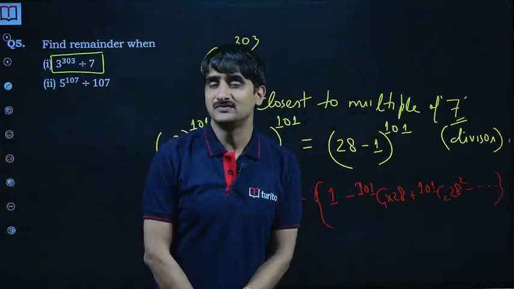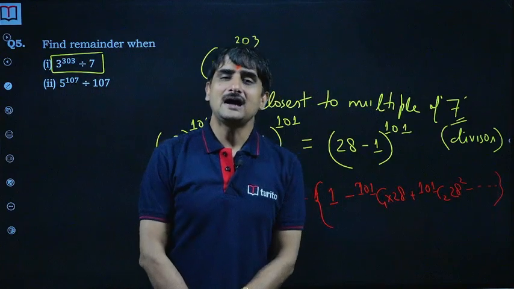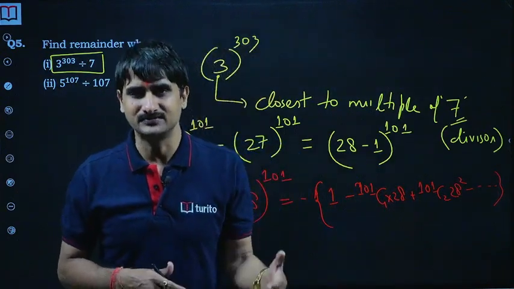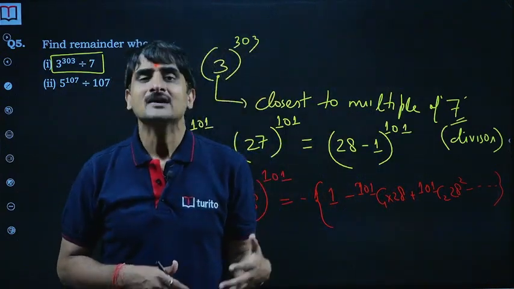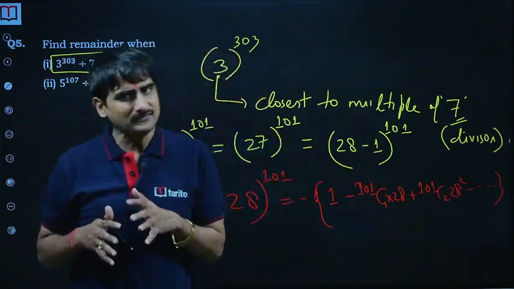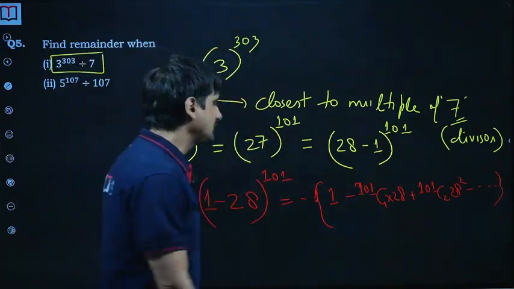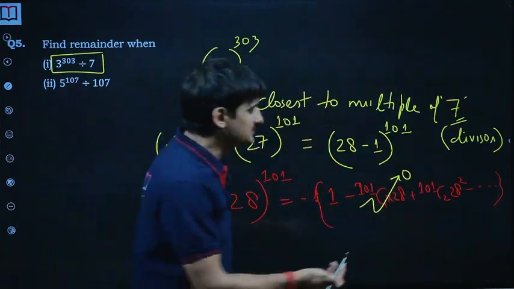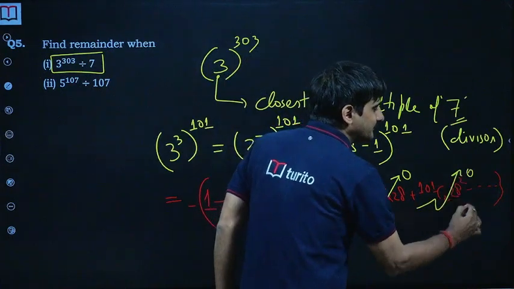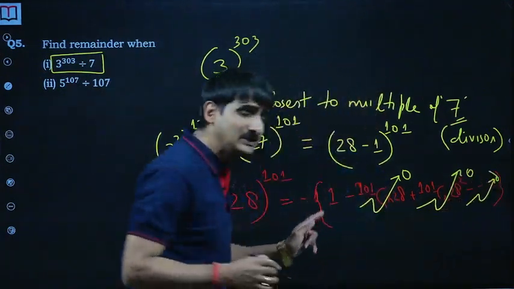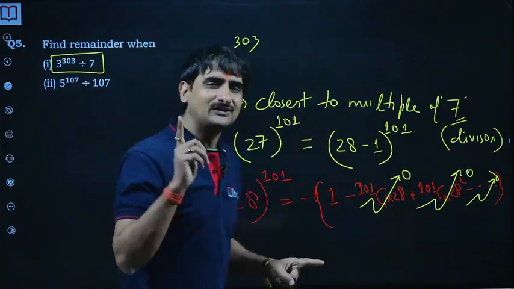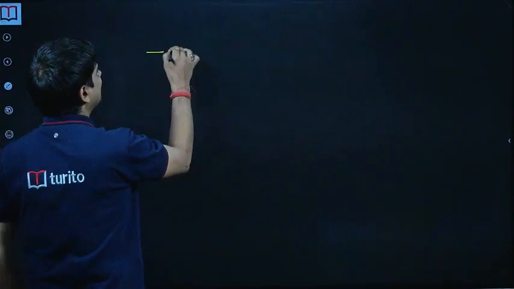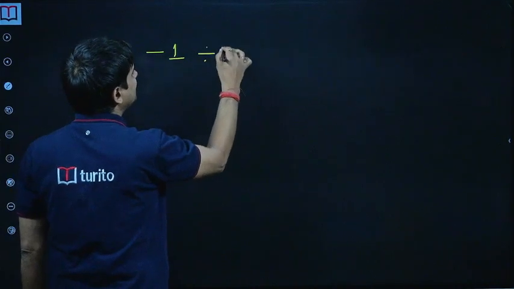One thing should be very clear: we avoid adding or subtracting the remainders separately. But here why can we do it? Because when you divide by 7, 28 is a multiple of 7, so the remainder is 0. So every other term except the first term will leave remainder 0. So the only term that will give a remainder here is -1 when divided by 7.